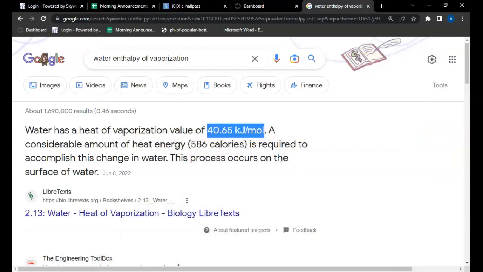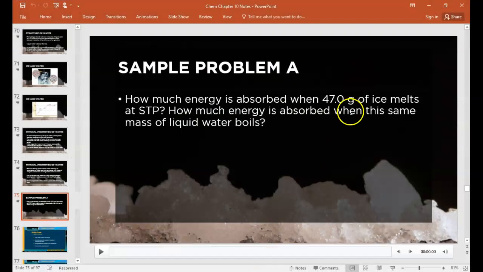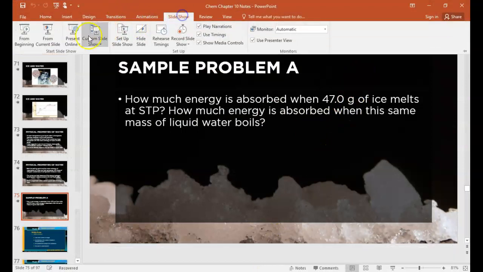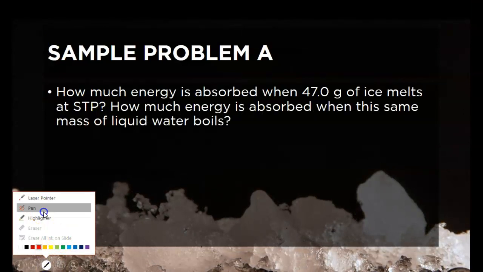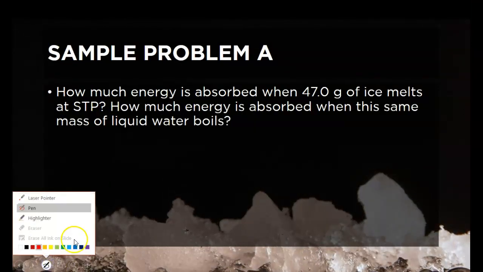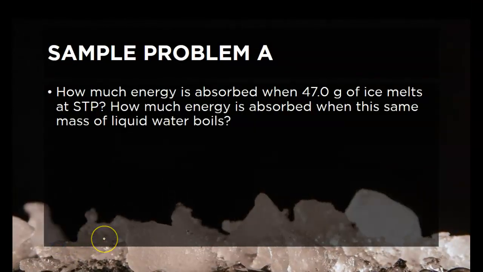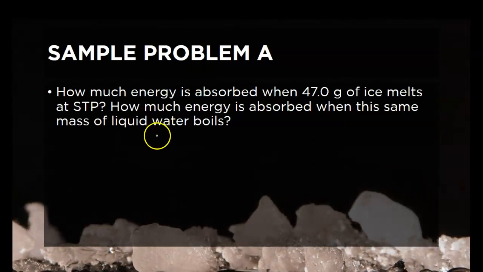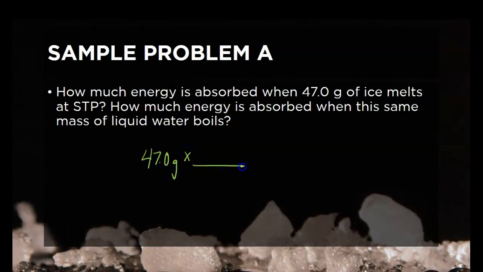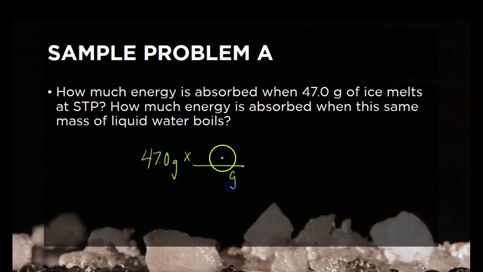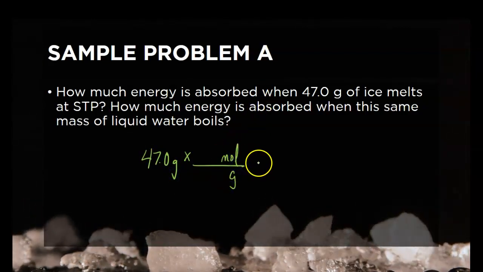Looking at this, the mass is in grams, so we can quickly convert that to moles so we know what we're dealing with. Do we know the molar mass of water? Or has it been too long since we did stoichiometry?